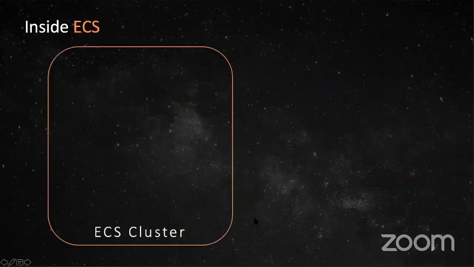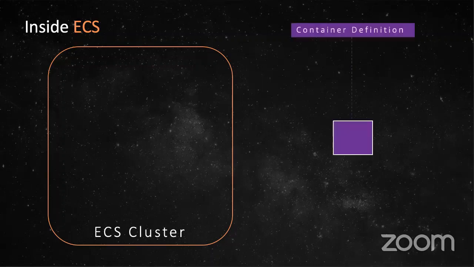Now, before we get into the demo part, I just want to share a few of the insights of how ECS works at a very high level. So ECS is basically, you can think of it as a cluster, right? So it's just a cluster of systems on which your container would run eventually. But when you talk about container or Docker, you have to first define what container you want, right?